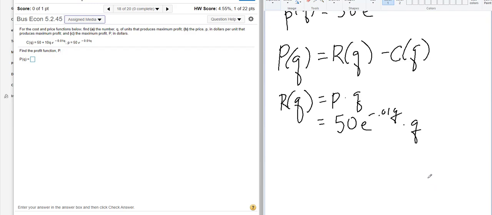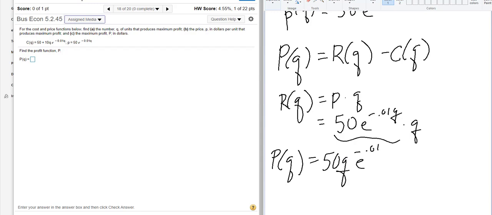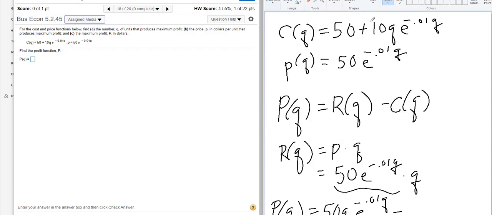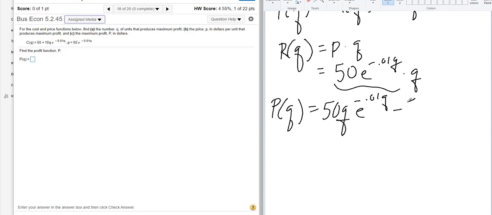So our profit is going to be this revenue, and I'm going to move the Q right behind the 50. It just makes it a little bit easier to keep up with, minus all parts of the cost. So minus 50 and minus 10Q e to the negative 0.01Q.